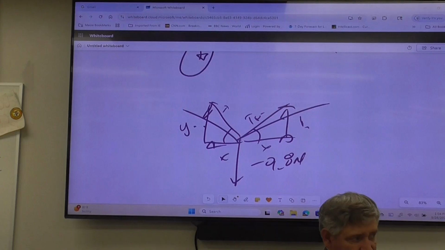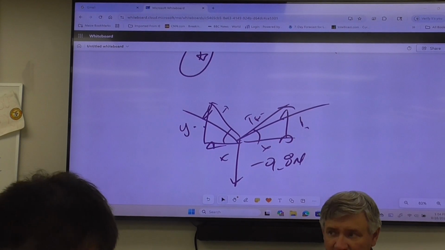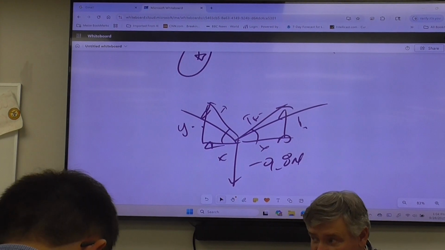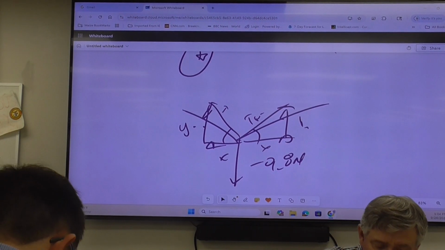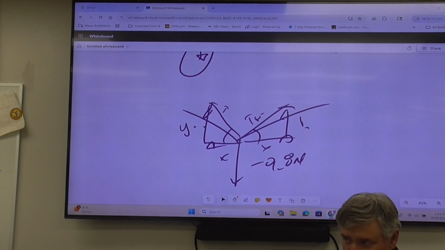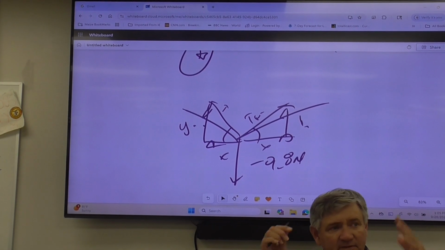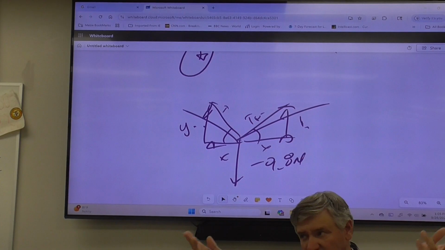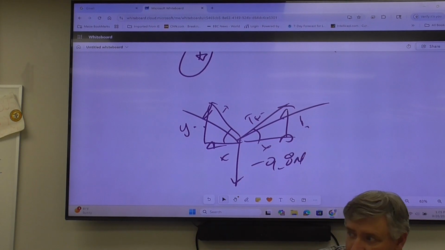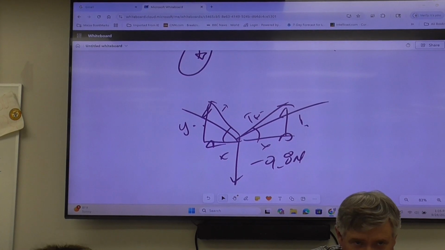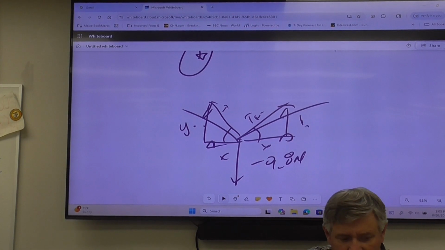The horizontal components. Okay? So when you get to that next one, the horizontal components have gotten bigger, and the sum of your vertical components should still be staying at about 9.8. Okay? Cool with that? Now, let's talk about the problem on the back.